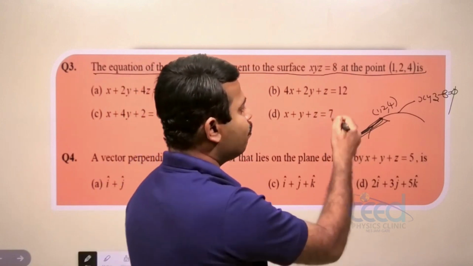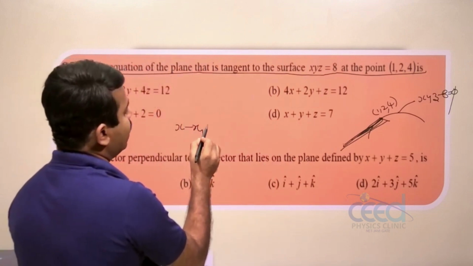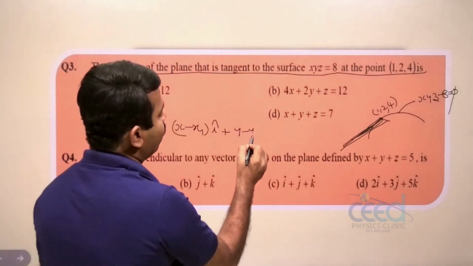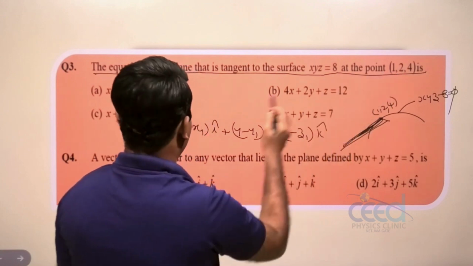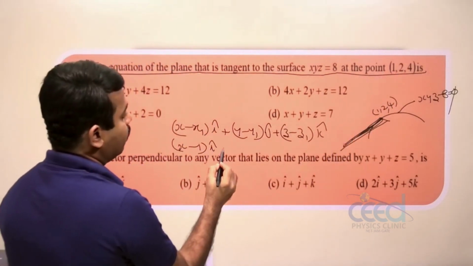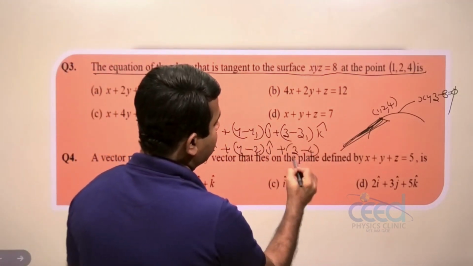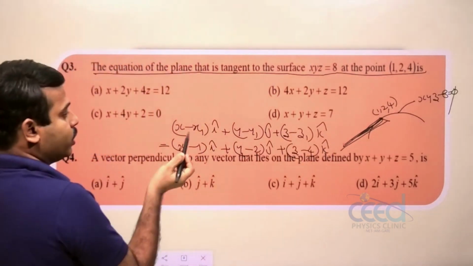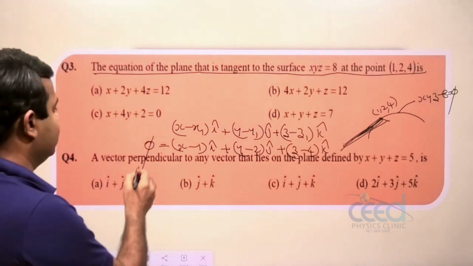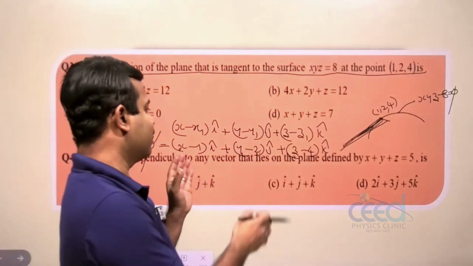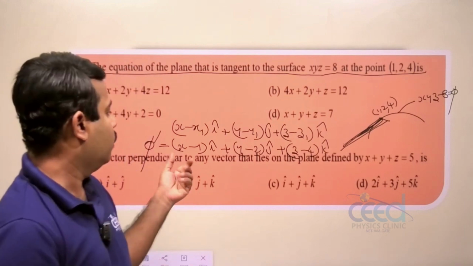Now, the equation of a plane passing through a point: first I am finding x minus x1 i cap plus y minus y1 j cap plus z minus z1 k cap. With (1, 2, 4), that is x minus 1 i cap plus y minus 2 j cap plus z minus 4 k cap. This is the equation of a plane, which I am representing as phi dash. This is a vector lying on this plane, that's why it is the equation of this plane.